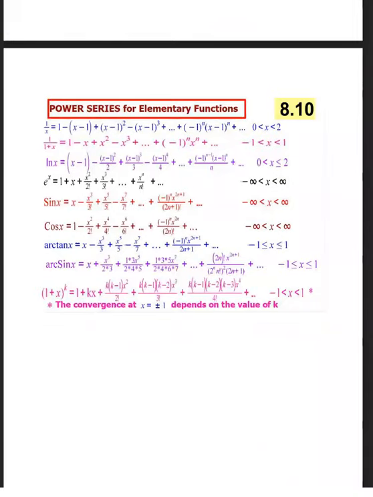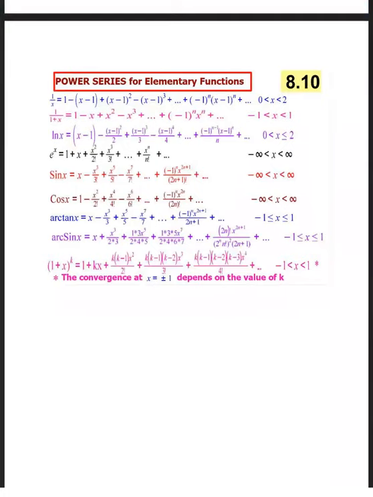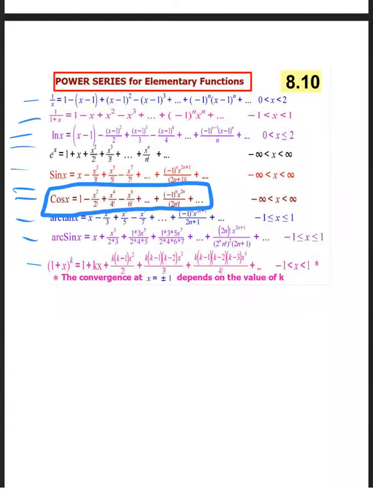We know that this original problem was cosine of 2x. And this formula here, this big image, gives us the formulas for all these different series. And cosine of x is right here. So we could just use this formula to figure out what cosine of 2x is. Does that kind of make sense to you? Yeah.